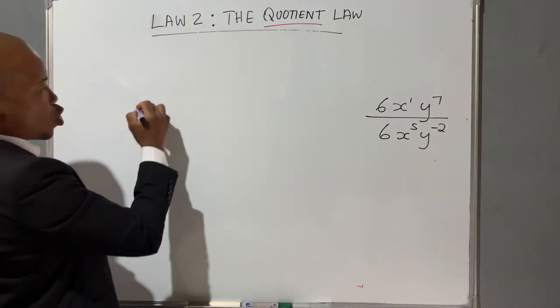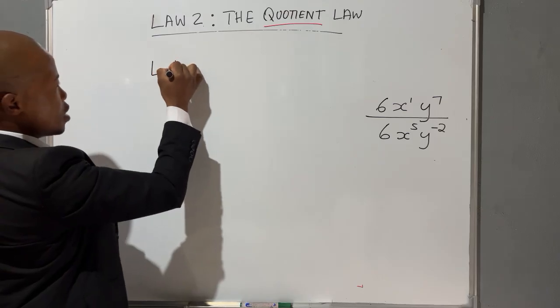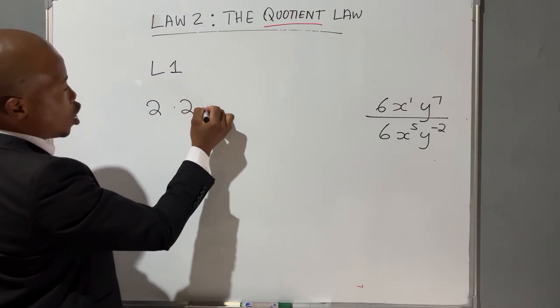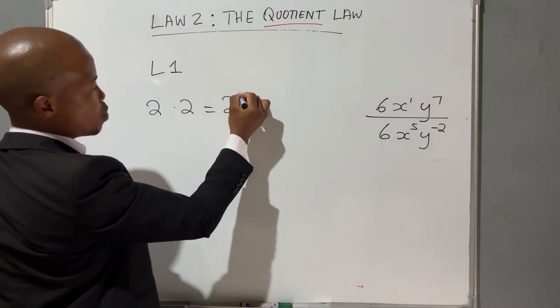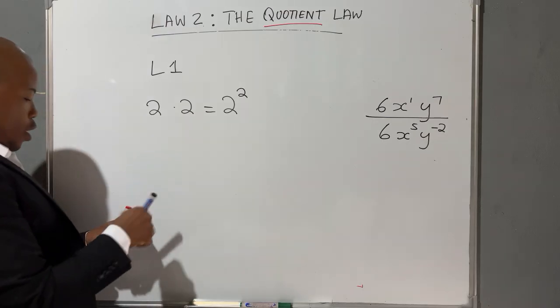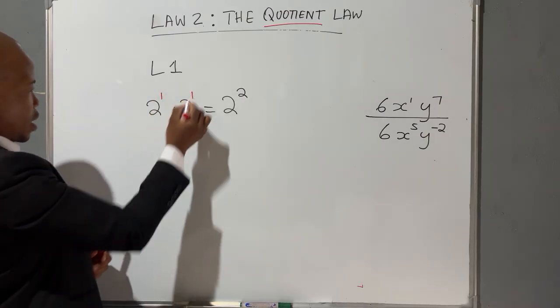If you check the first law, law 1, it said, for example, 2 times 2, you're going to have 2 to the exponent 2. It came from adding the exponents.